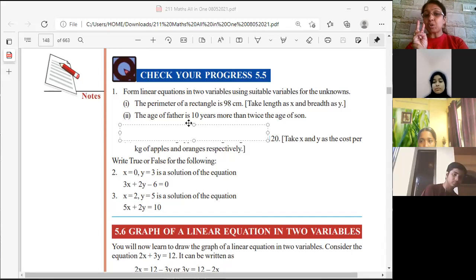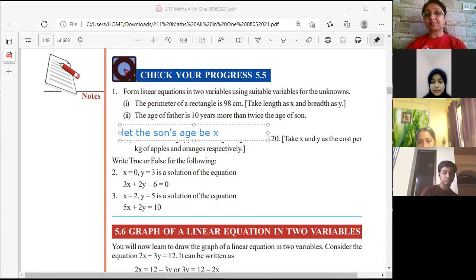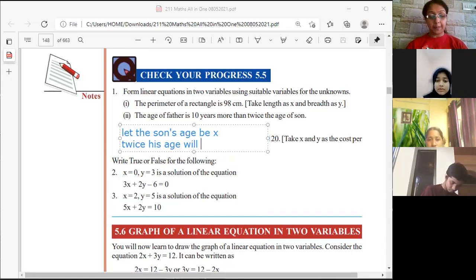So I will take one as x and the other as y. Let the son's age be x. Twice his age will be 2x.